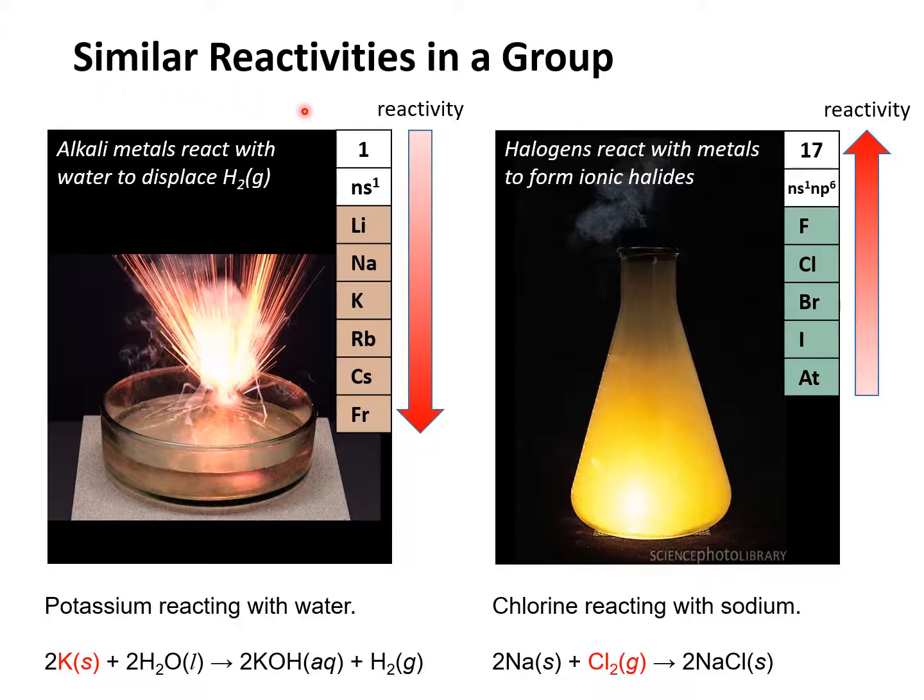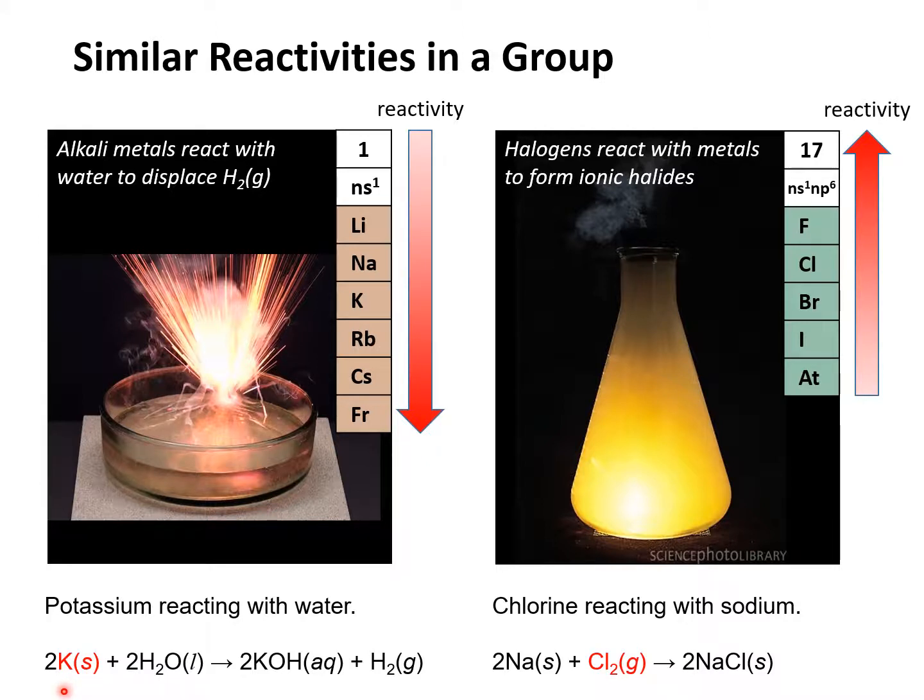So in the example we see here, the group 1 metals, or alkali metals, all have 1 valence electron as indicated by the group number. And this valence electron is located in the s subshell. And so all of the metals in group 1 will react with water to produce hydrogen gas, in a reaction such as the one shown below.